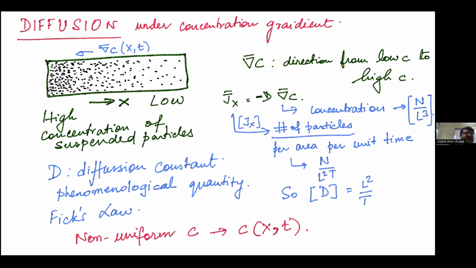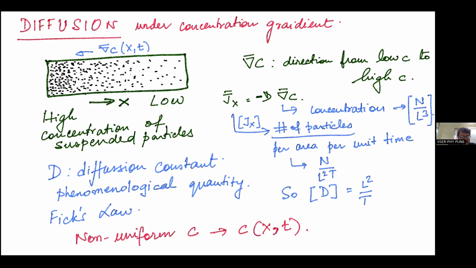So you get uniform density at very long times, because this is a high density region, and the number of particles which have moved from right to left is smaller than the number which have moved from left to right. Even if it was infinite, here there is a higher concentration, so more particles are moving from left to right. If this was infinite, there would be a larger number of particles moving to the left as well, and again the concentration would become uniform.